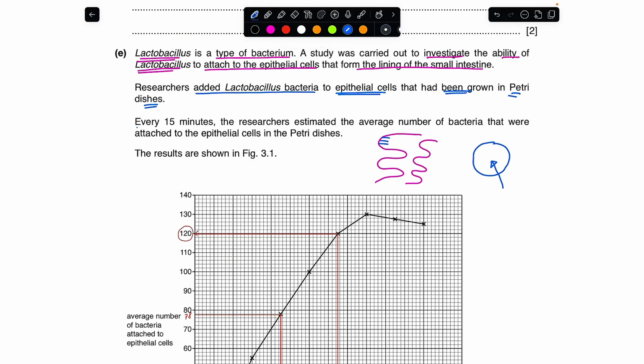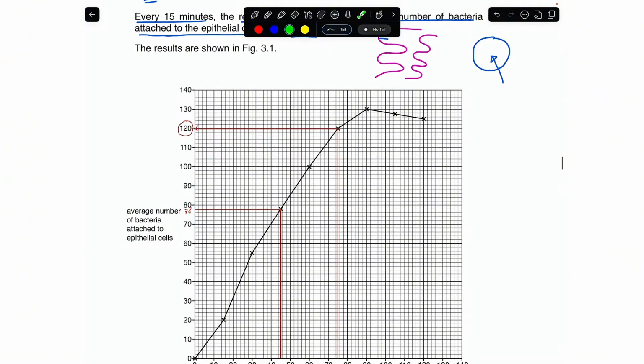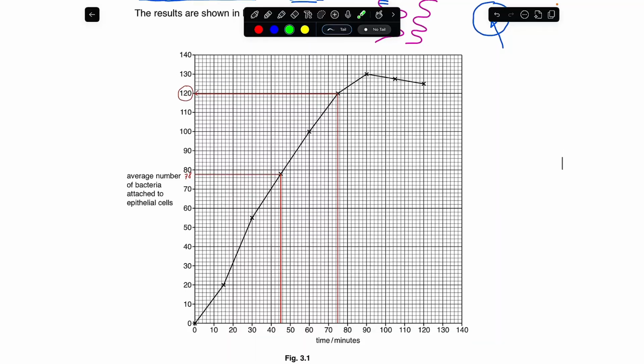Further, they say that every 15 minutes, the researchers estimated the average number of bacteria attached to the epithelial cells in the petri dishes. And the results they show us in this figure 3.1.